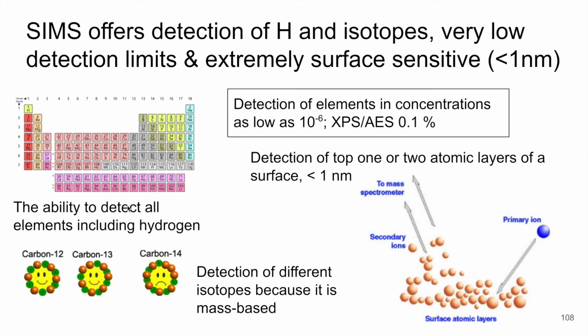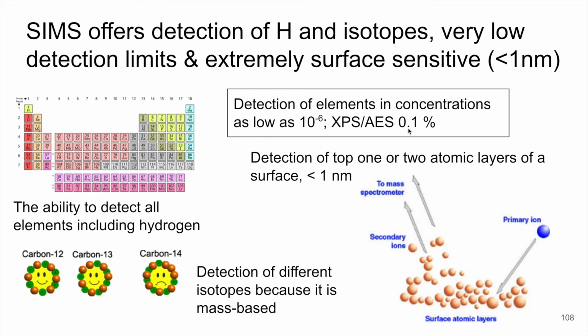Another thing is that because we are looking at mass, we are able to differentiate isotopes, and so we can use this technique to detect various isotopes. Some of the other things that go along with that is that the detection limits are very low.